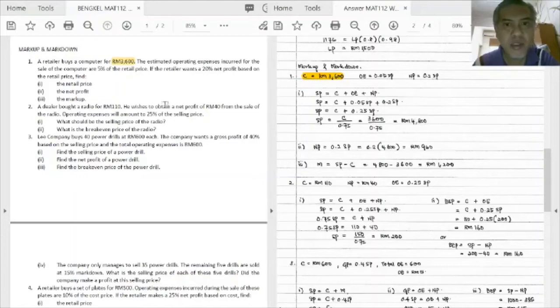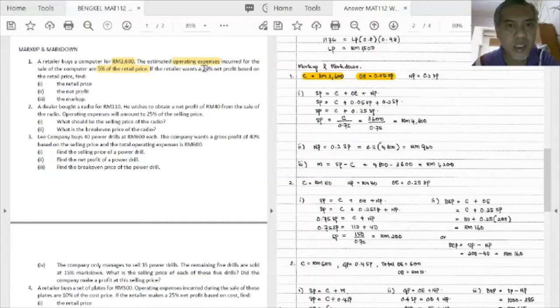The second number that you see here is the 5%. This is the operating expenses, OE, which is 5% based on the retail price, so it can be rewritten as 0.05 SP, where SP is the retail price. The third piece of information is that the retailer wants a 20% net profit based on the retail price.